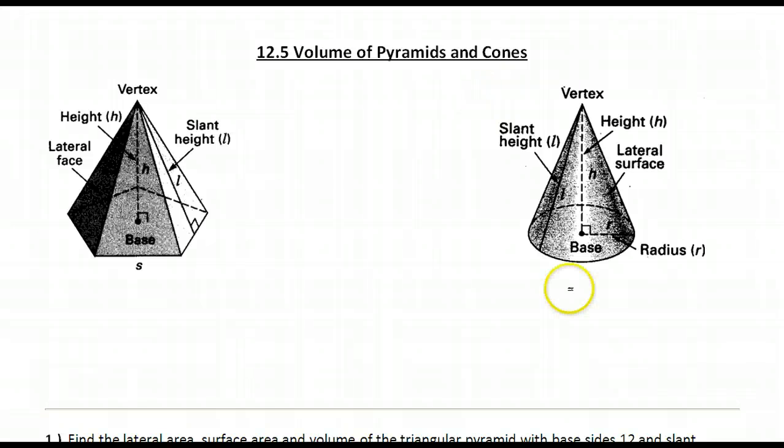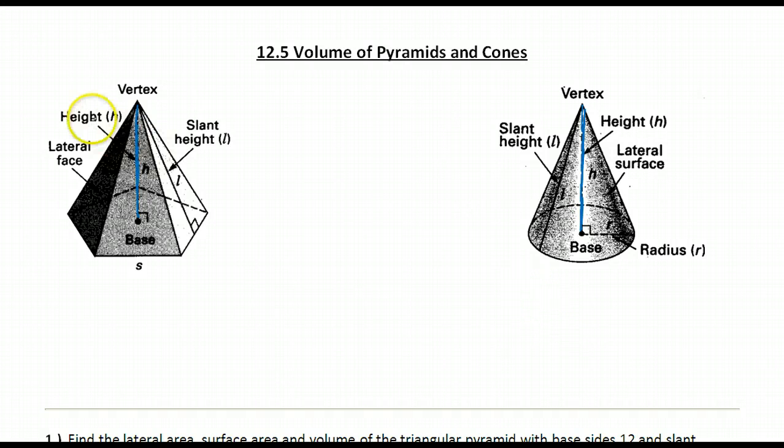The volume of a pyramid or cone is how much space the 3D solid takes up. In order to figure out the volume, we're going to need to know the height of the pyramid or the height of the cone.